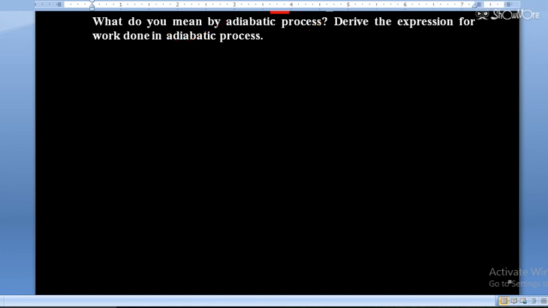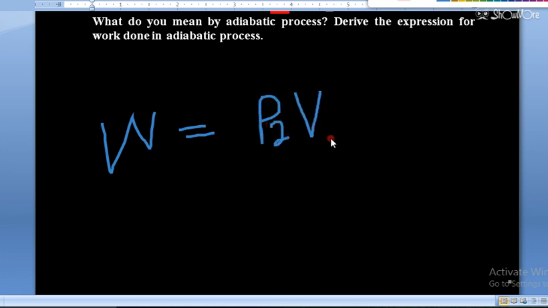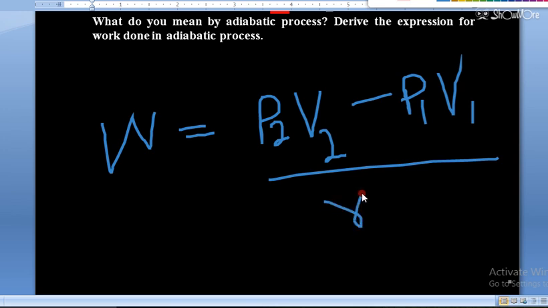you will get the work done formula, which will be equal to (P2 V2 minus P1 V1) by (1 minus gamma), or P1 V1 by (gamma minus 1). 1 minus gamma can be there.